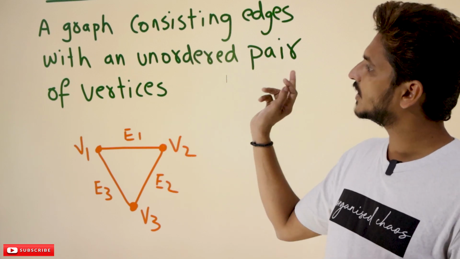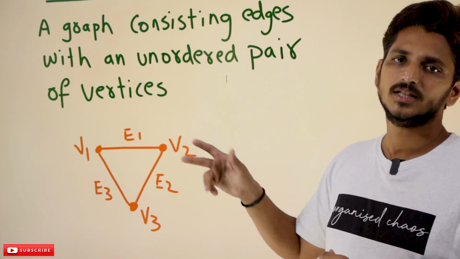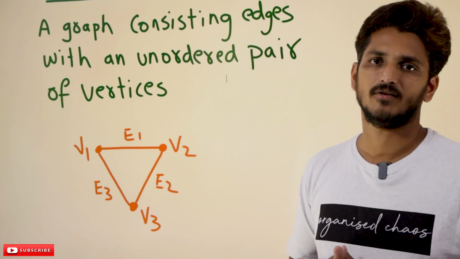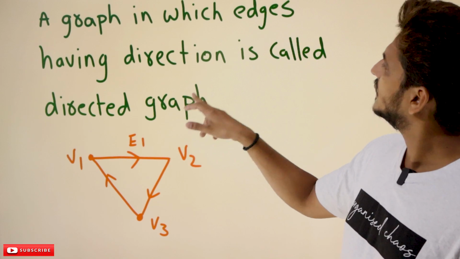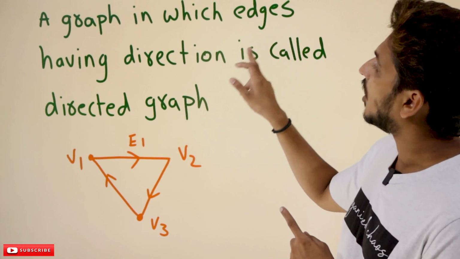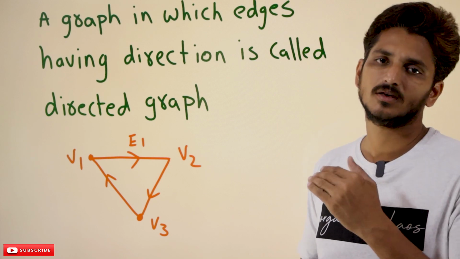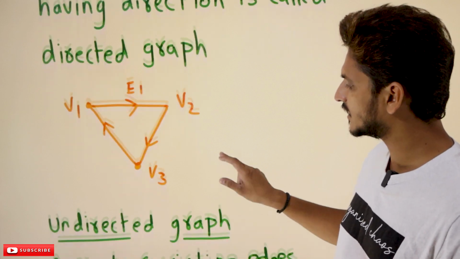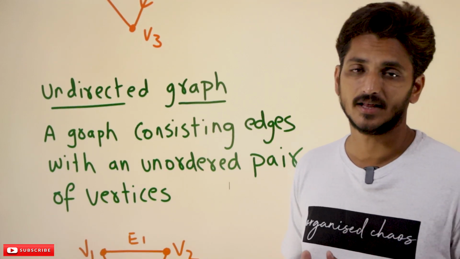That's why it is an unordered pair of vertices, edges connecting with an unordered pair of vertices. Then we say it is an undirected graph. Similarly, directed graph means we have an ordered pair of vertices. Edges are connecting with the ordered pair of vertices. There is an order, V1 connecting to V2, but in undirected we don't have an order. That is what undirected graphs mean.